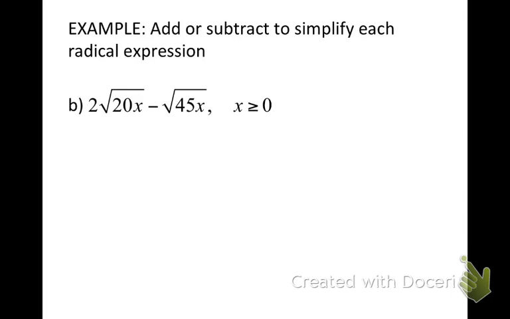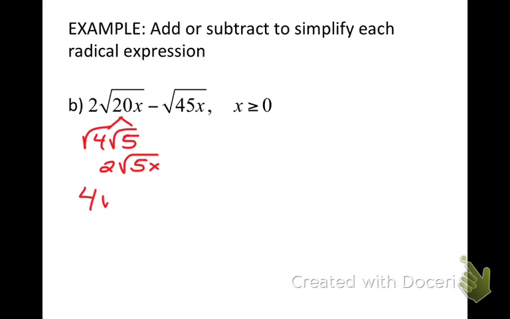Currently, my radicands are not, so that means we need to simplify them so that they do become the same radicand. So perfect square that goes into 20 would be what, 4 and 5? So square rooting those gets me to 2 square root 5. Just attach the x along with that 5. Here I have this 2, which I need to multiply with the original 2 in the front.